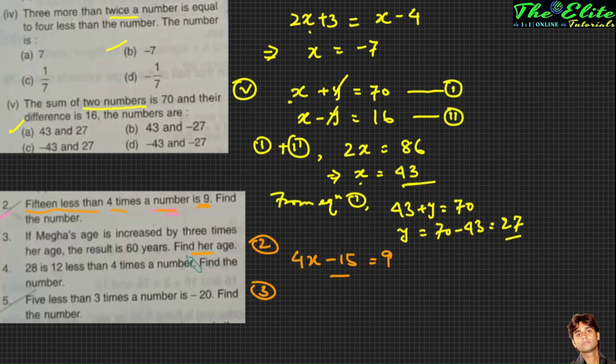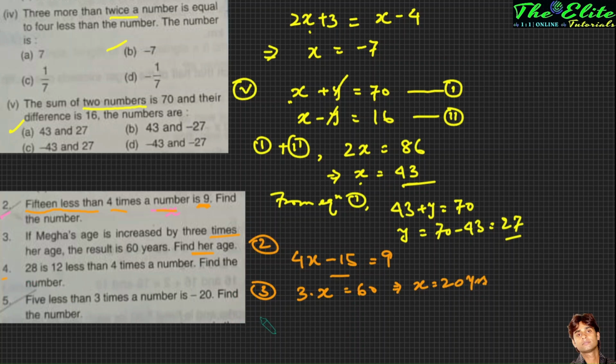Let Megha's age be x. Now increased by 3 times means you have to multiply, so it is going to be 3 times x. The result is 60. So 3x is 60. Everybody knows the value of x. That will be 20. So what is the age of Megha? 20 years.